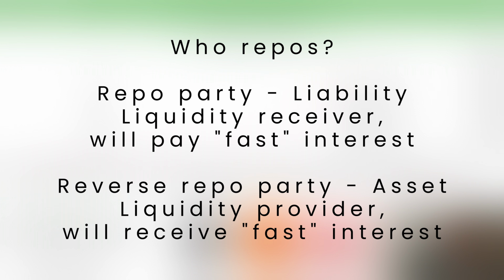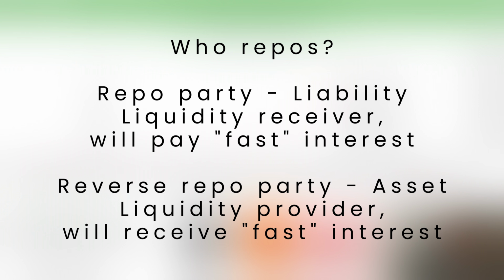There are 2 parties to a repo agreement. The first party is what we call the repo party. This is traditionally who we mean when we define a repo, when we try to quantify a repo. We're talking about the repo party, who takes the repurchase agreement on as a liability on their balance sheet. They're also known as the liquidity receiver.